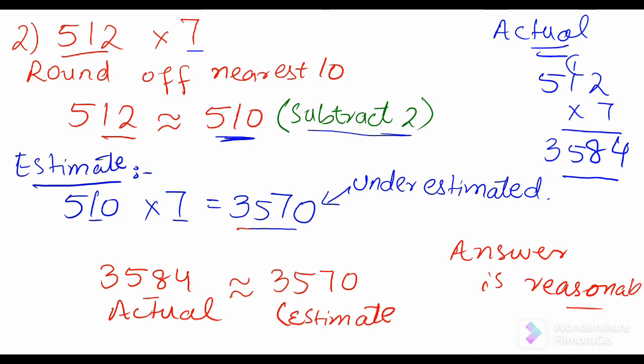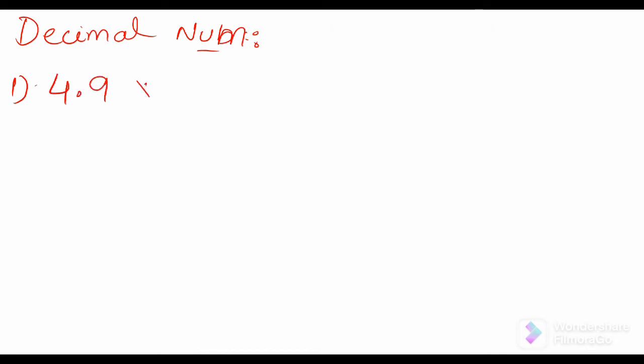Let me move on now. In the previous one, we did the examples with whole numbers. Now I'm going to use a decimal number. Let me take one example, which is 4.9 multiplied by 5. I have to follow the same protocol. First, I have to estimate, or round off, the number which is present in decimal.